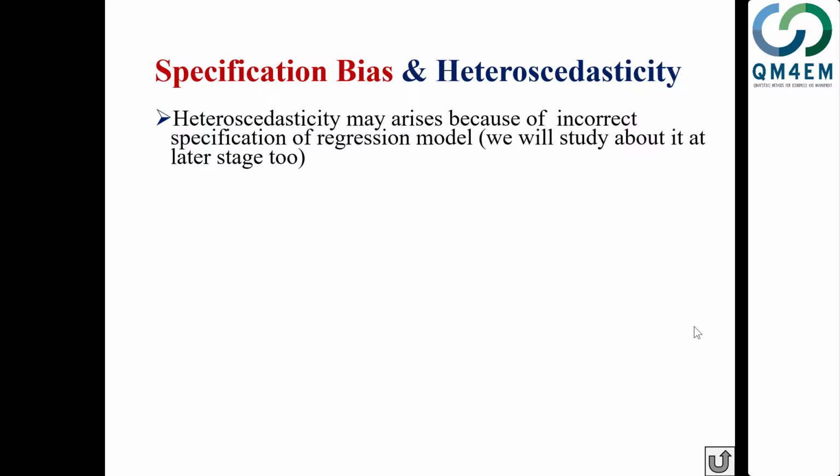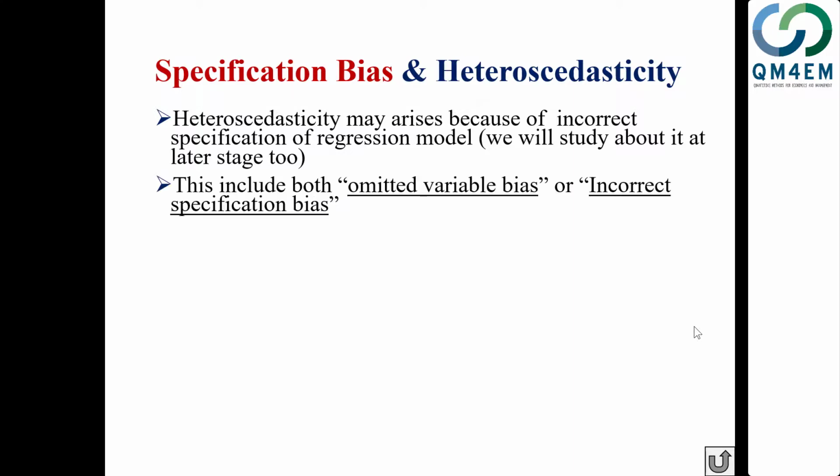We are going to see that in more detail at a later stage, but for the time being we can think of specification bias being caused either by excluding some important variable, which we call omitted variable bias, or by an incorrect functional form of the model. Instead of using log you use linear, or instead of linear you use log. That kind of thing also introduces heteroscedasticity.